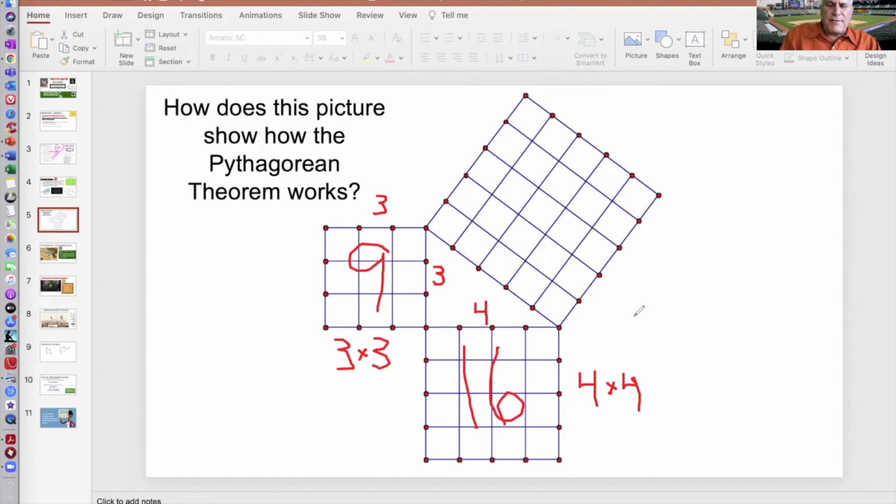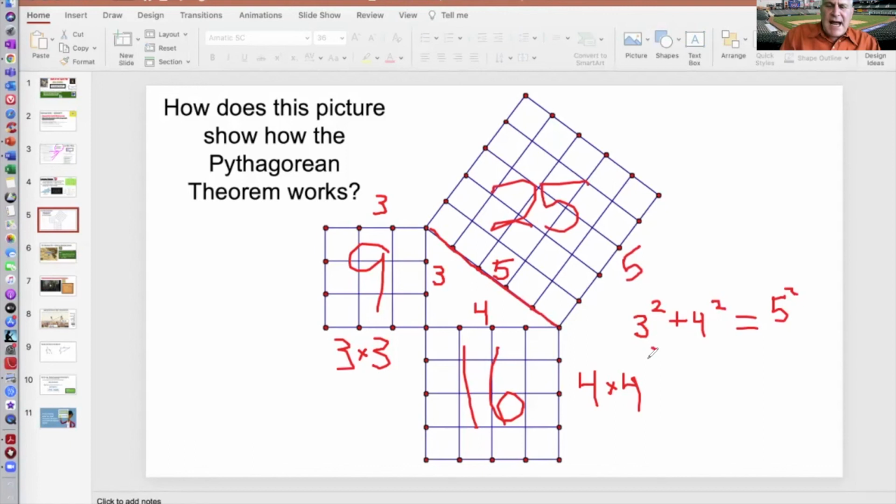So far we took 3 squared. Then we're going to add 4 squared to it. And what does that give us? That gives us 5 squared, because 5 is the length of the slanted side of the triangle. This side right here, the hypotenuse, if you square 5, you get 25 squares up there.